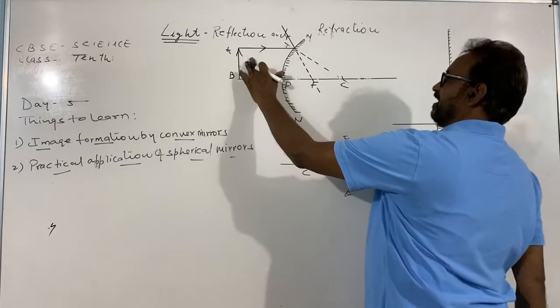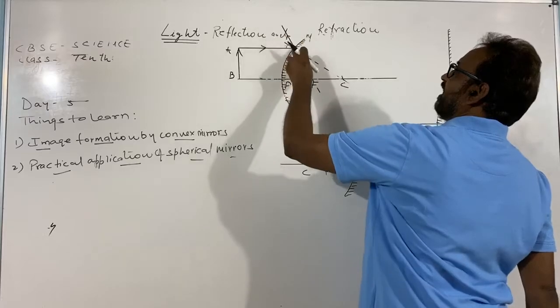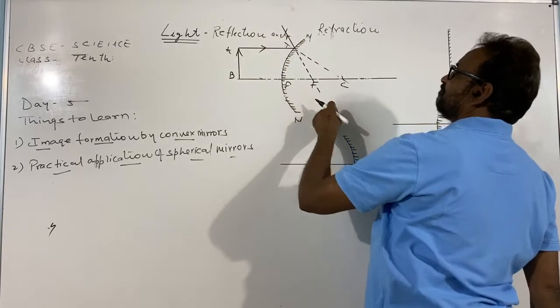So we will take a ray parallel to the principal axis. After reflection, this ray appears to pass through the principal focus.